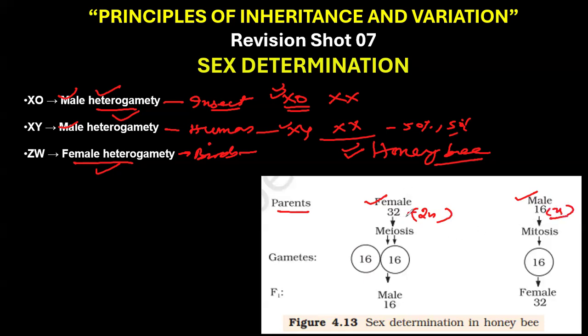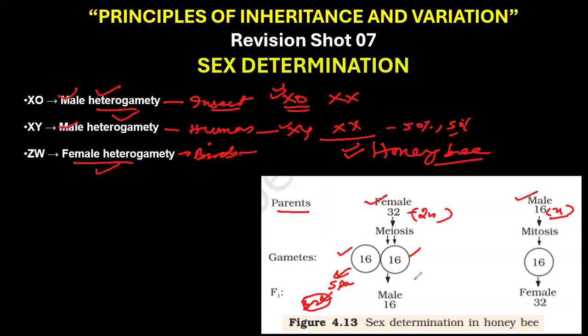So in case of the females, normal meiosis happens. That means gamete formation happens. So you have 16 and 16. Now from these, 16 will fuse with the sperm from the male itself and it will form the female. That is 32.